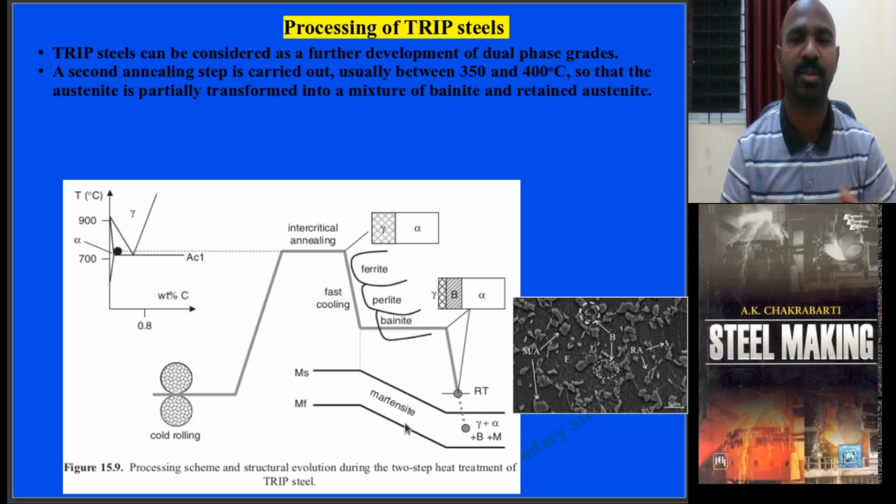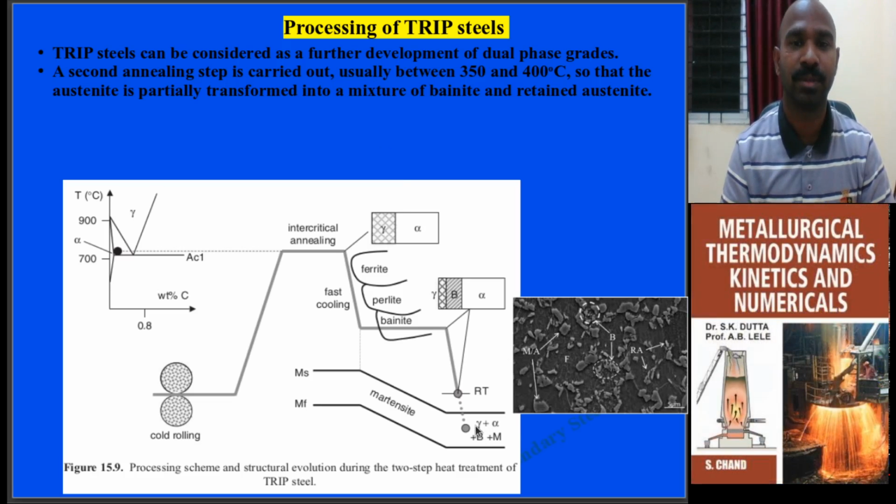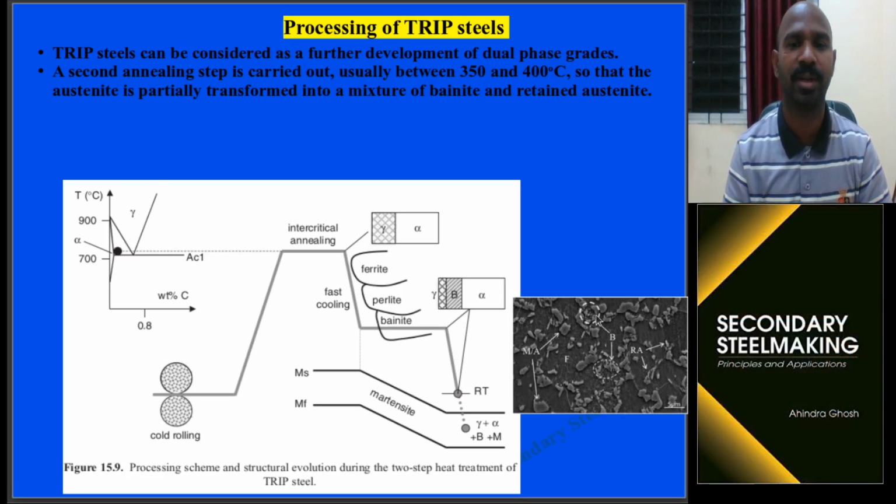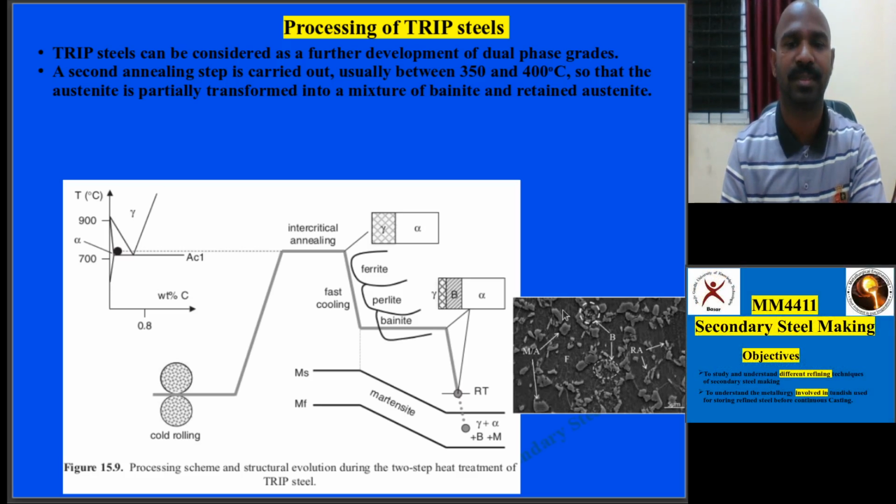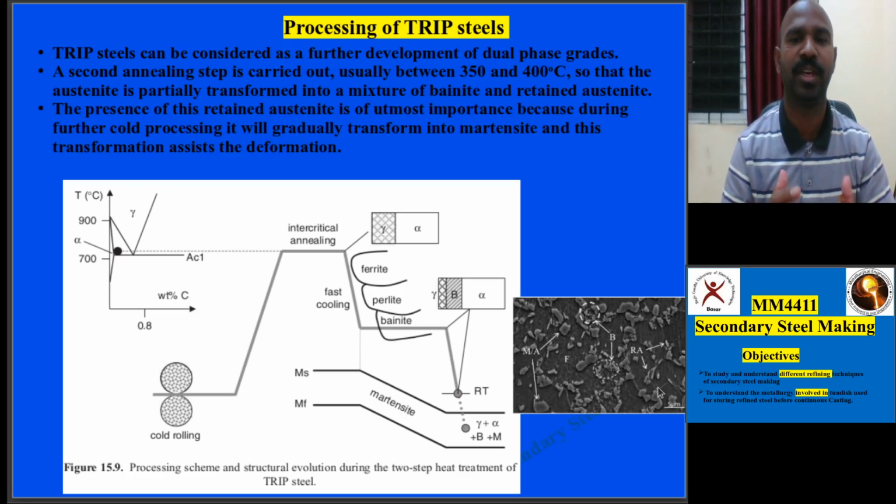Finally, at the martensite finishing temperature, you will see that the TRIP steel possesses austenite, ferrite, bainite, and the retained austenite is converted into martensite. This is the basic microstructure of TRIP steel. There is a bainite phase, retained austenite phase, ferrite phase and martensite phase, and the austenite parent phase is going to appear in this.